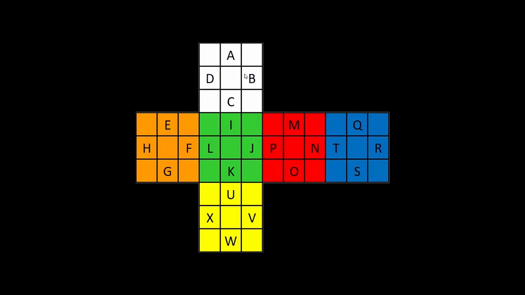So let's say that this space is my buffer space, and let's say that this green and orange edge is over here with the green edge on this B space. Well, we know this green edge needs to go here because this evidently is the green and orange space. And to do that, we are going to have to swap this L piece with this right here.